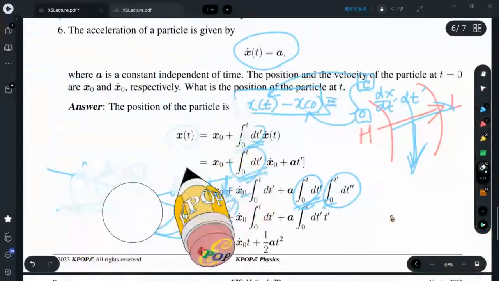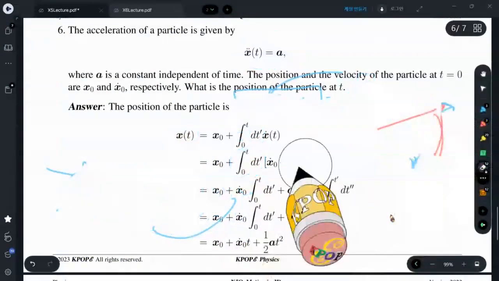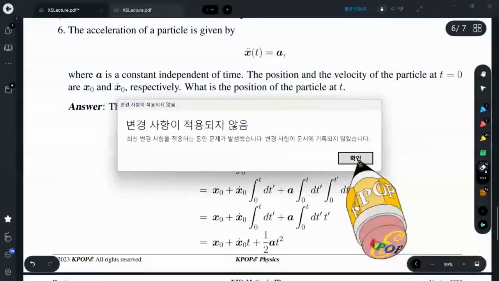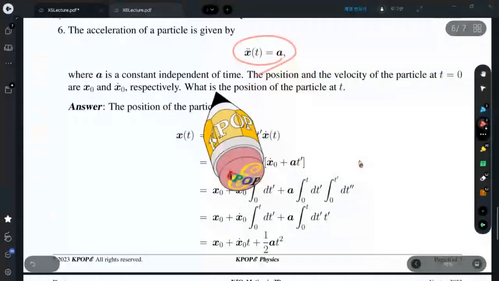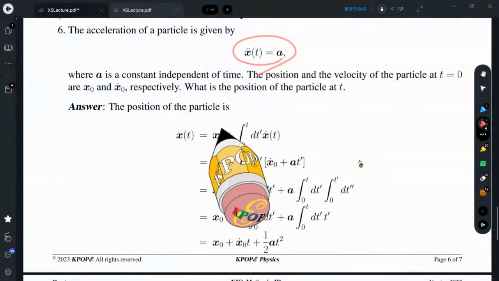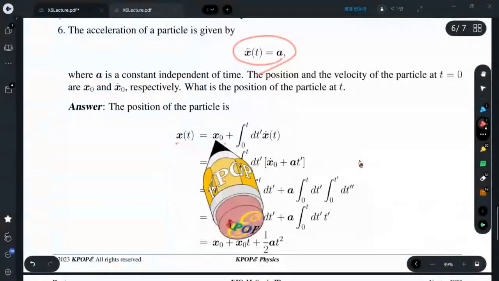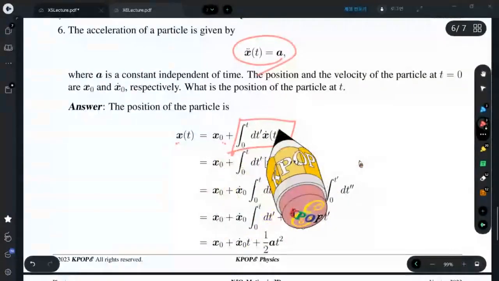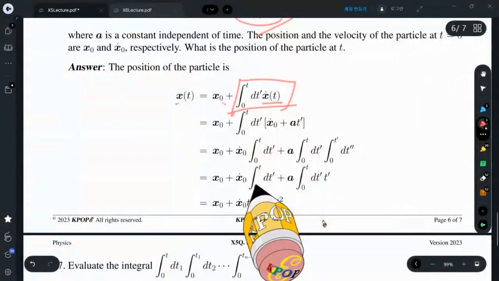Okay, we follow this rule to find the expression for the position of a particle satisfying this equation of motion. This is constant acceleration. Here we have the difference, the definite integral of the velocity. Okay, that's fine. And what's that?